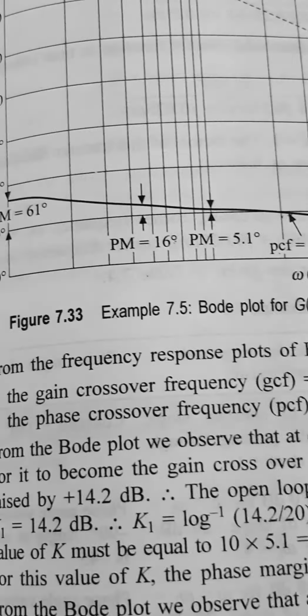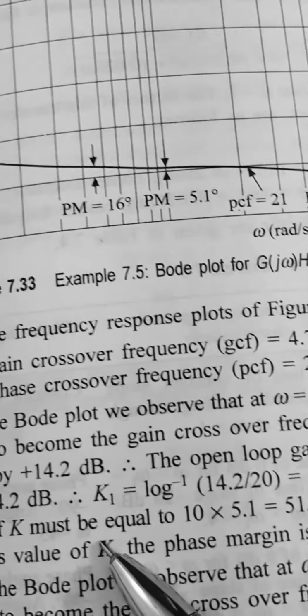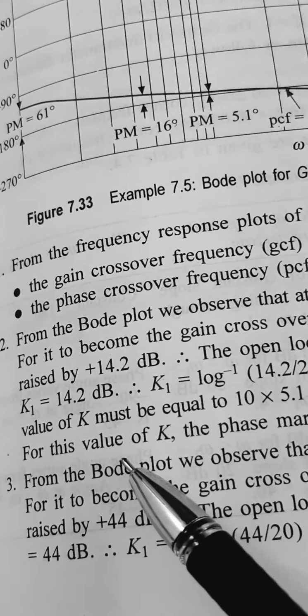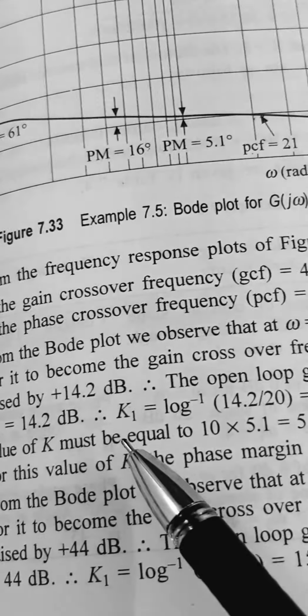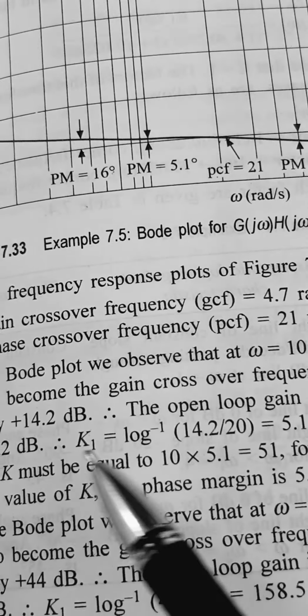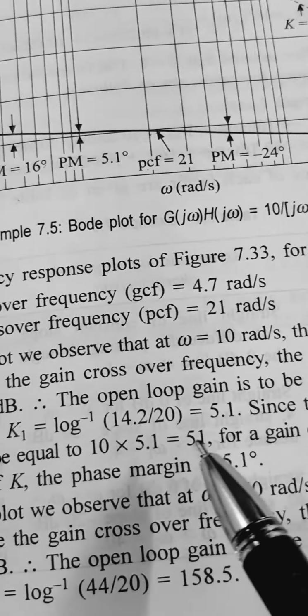That is what they explained. Since the given open loop gain is 10, for the overall gain, the value of K must be equal to 10 into K1, that is 51.